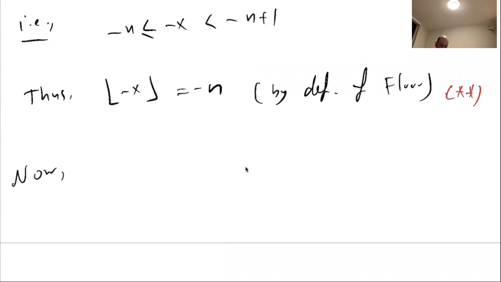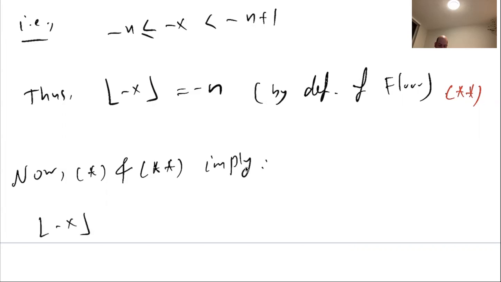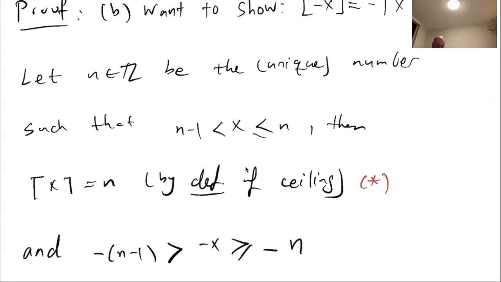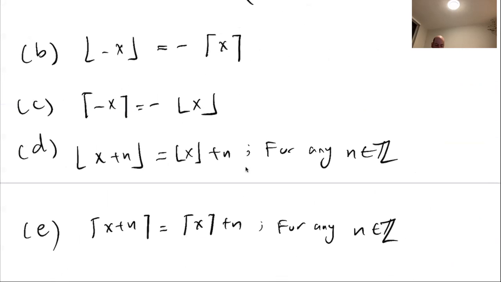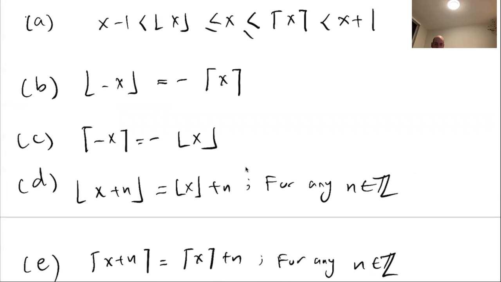Now star and two star combined imply that the floor of minus x is equal to minus the ceiling of x, which equals minus n. The floor of minus x is minus n, that's two star. Star says the ceiling of x is n. But I'm doing part B, comparing the floor of minus x with minus the ceiling of x.